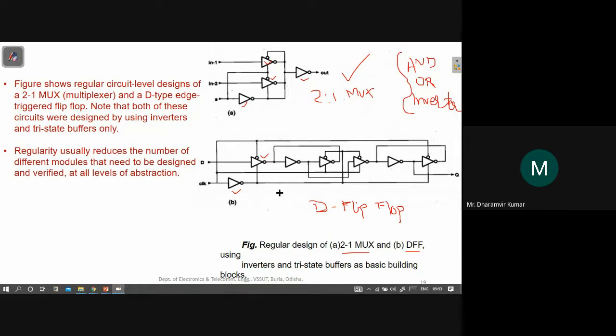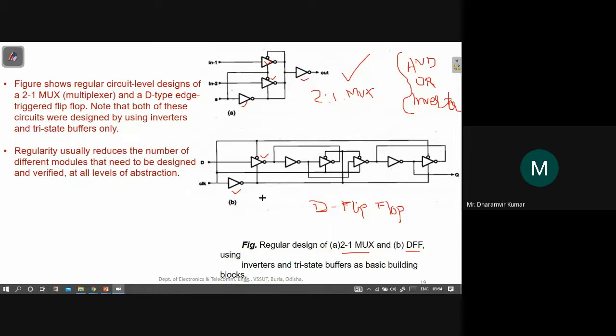And also, if in a big circuit you are using multiplexers and D flip-flops a lot, since you are using inverter and tri-state buffer gates for designing multiplexers, why not use the same inverters and tri-state buffers for designing D flip-flops also in that big circuit?